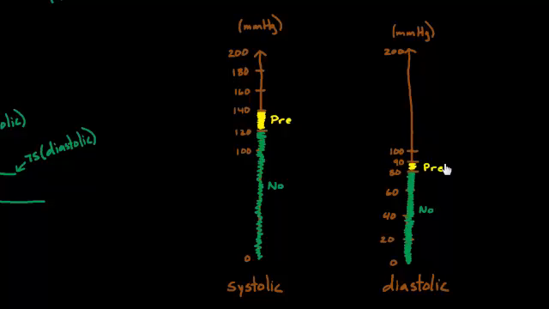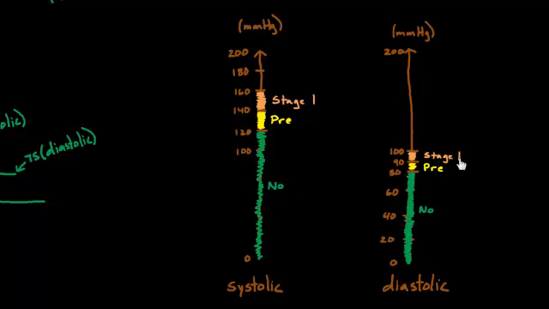Now, in terms of high blood pressures, again, you don't want high blood pressures, but if you're above 140, you have hypertension. So this zone in here, 140 to 160 in particular, is considered stage 1 hypertension. Stage 1. And between 90 and 100 for diastolics, that would be stage 1.